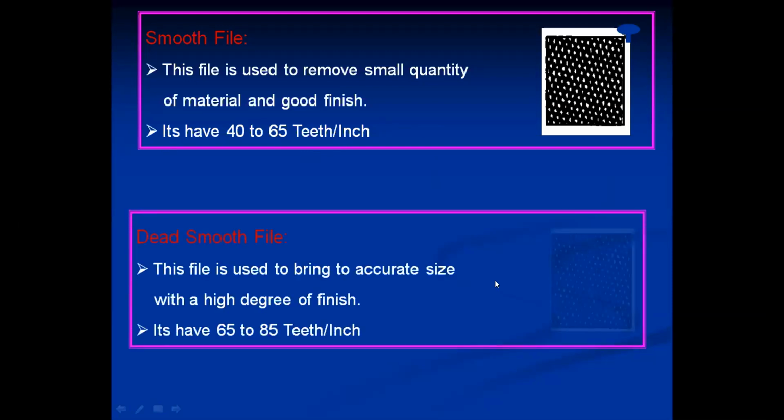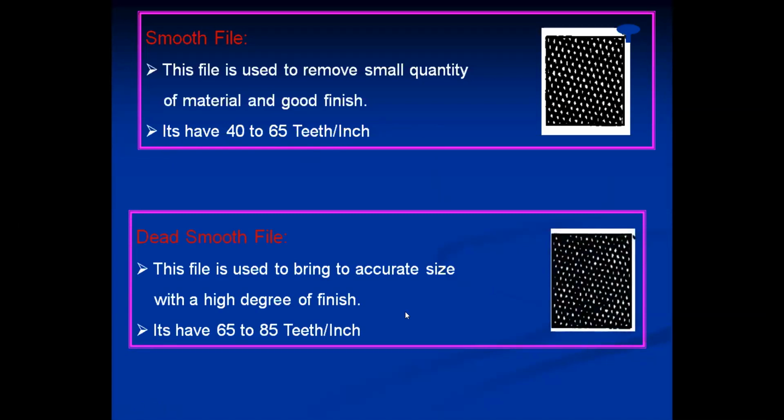Next, dead smooth file. This file is used to bring the job to accurate size with a high degree of finish, for a mirror finish like that.